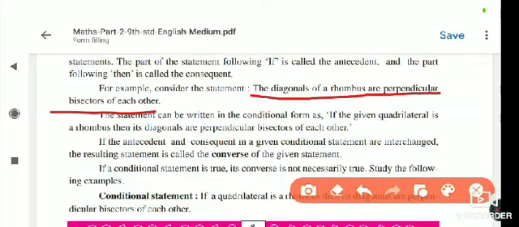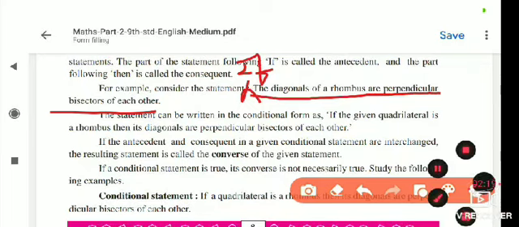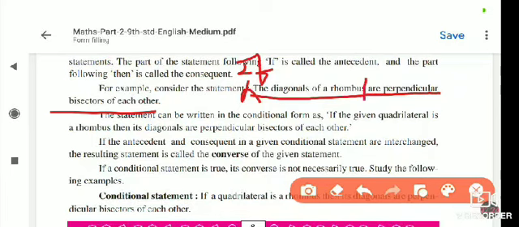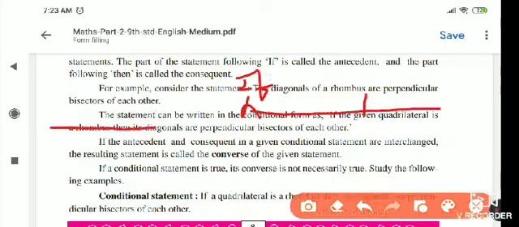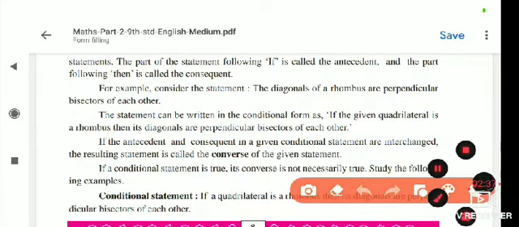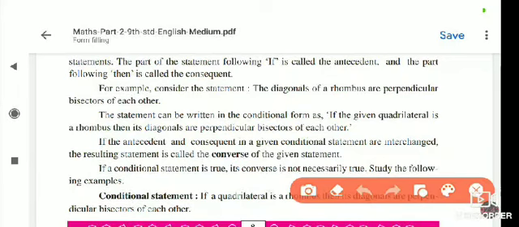How can we add it? If the given quadrilateral is a rhombus, then its diagonals are perpendicular bisectors of each other.